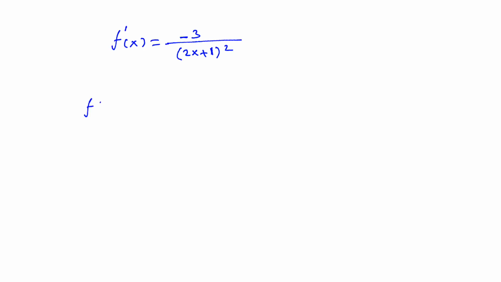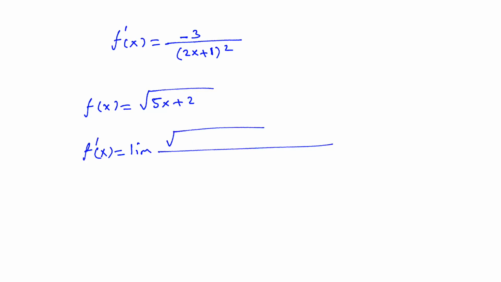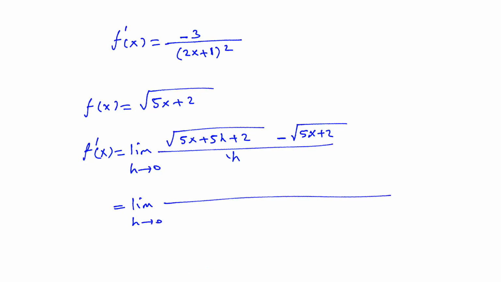Our last example is f(x) equals the square root of 5x + 2. f'(x) is the limit of (sqrt(5x+5h+2), which is f(x+h), minus f(x), sqrt(5x+2))/h as h approaches 0. To find this limit, we rationalize the numerator.